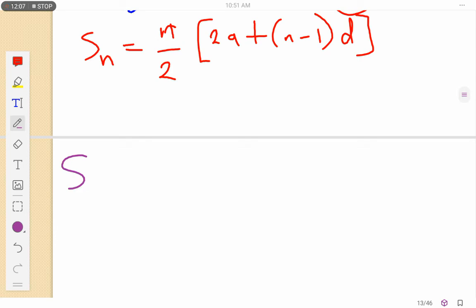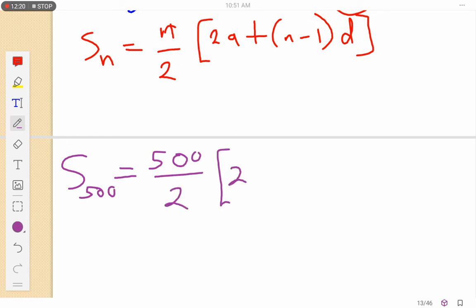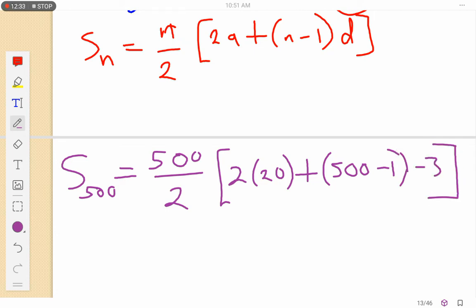Having that information, we can now write S500, the sum of 500 terms, is equal to 500 over 2 times 2 times our a, which is 20, plus n, 500 again, minus 1 times d, the common difference, minus 3. Now we can simplify.